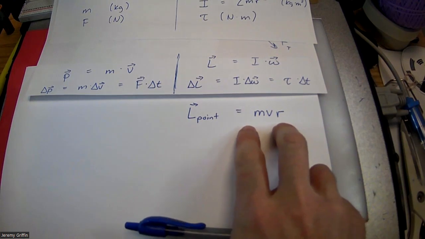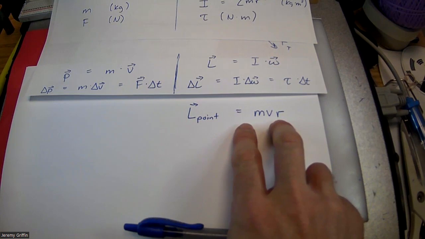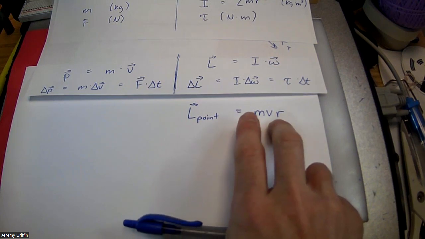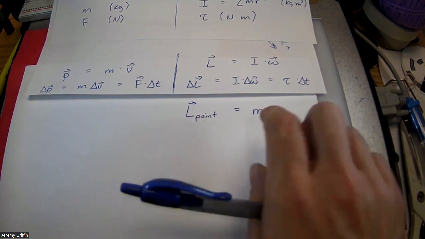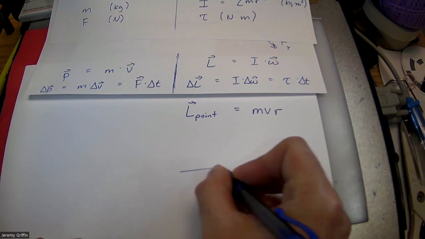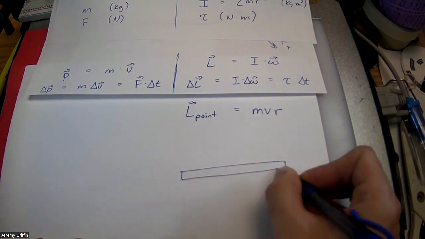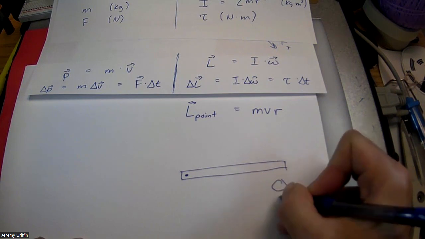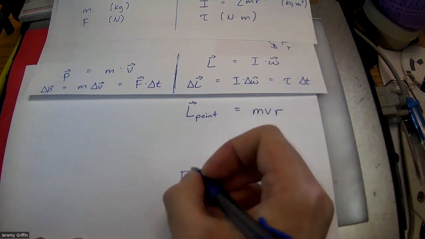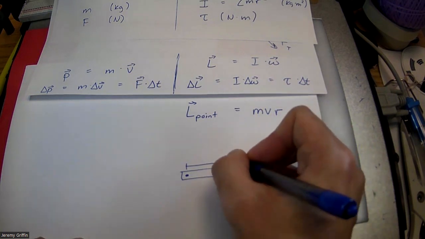Okay, guys, see this right here? Pretty good chance you're going to get a question on this on the AP exam, and this is not on your AP equation bank, so you have to memorize this one. So that's angular momentum of a point mass. What do we mean by a point mass? For example, what if you have a swivel stick, it might be vertical, it might be horizontal, and you have some ball of clay flying in with its own mass and its own radial size r.